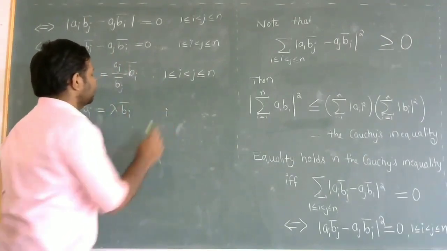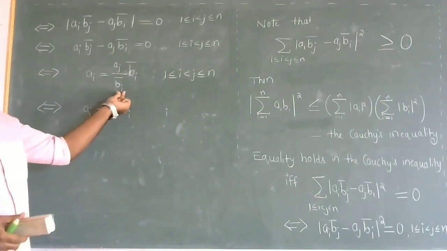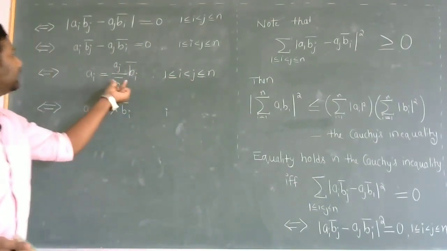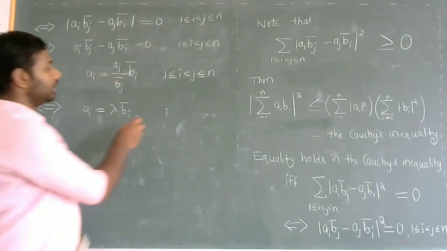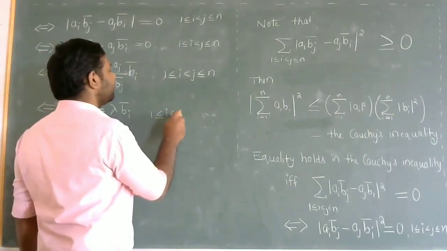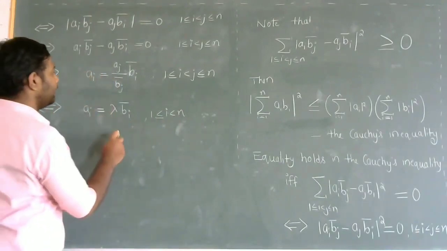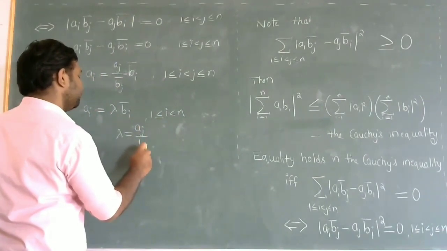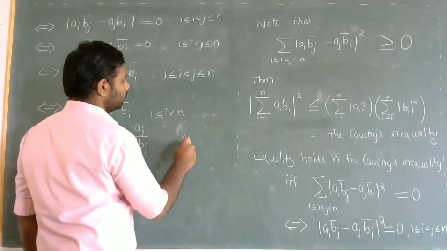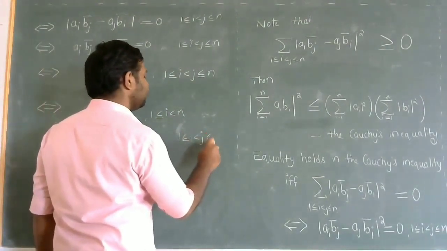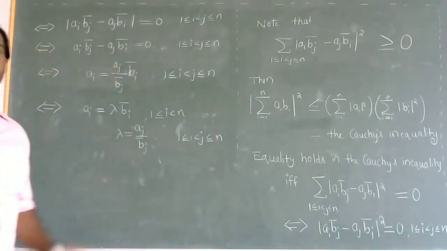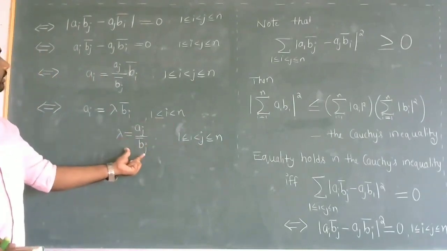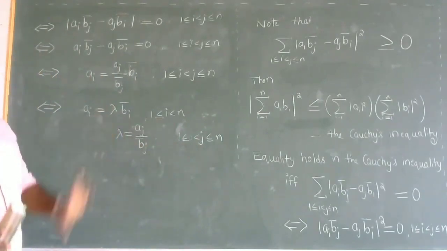So once again, as I have removed j, no need to write the condition for j, because for all j these are equal to lambda. So here it is enough if you write the condition for i, and lambda is nothing but aj by bj bar for all j values satisfying this condition. So for all j values and i values, this fraction is nothing but lambda.